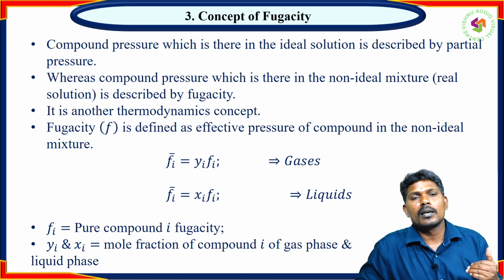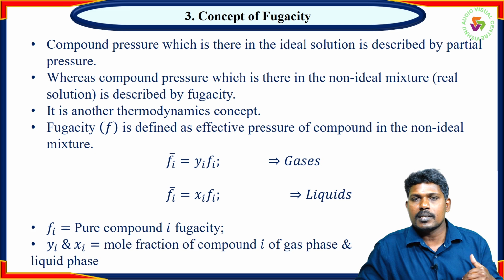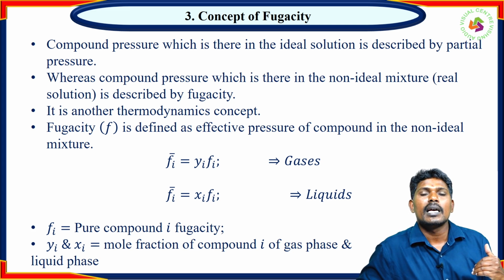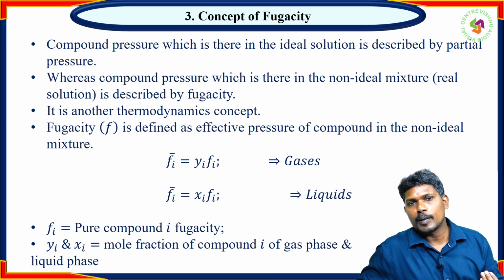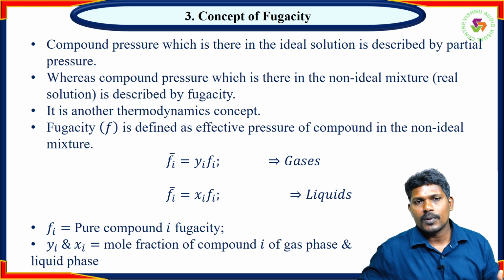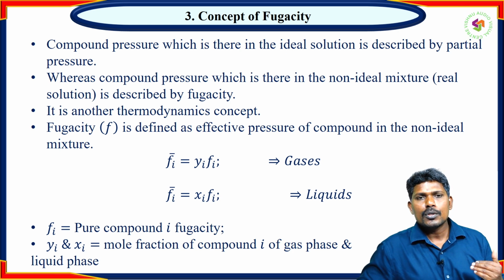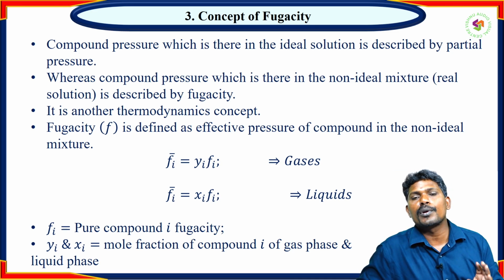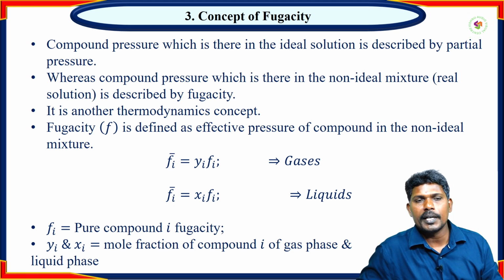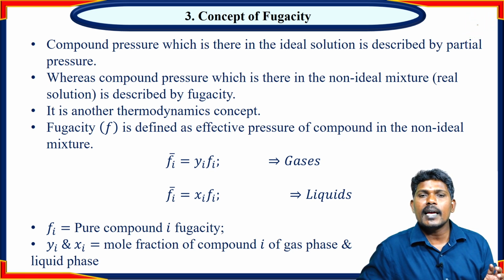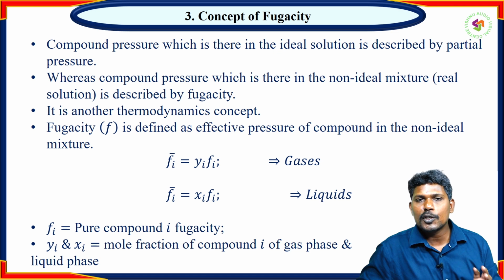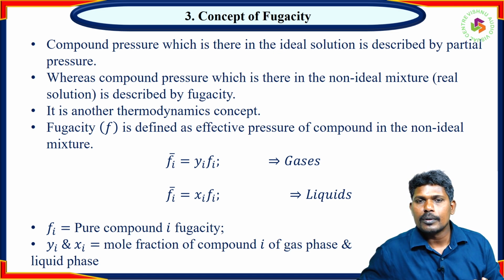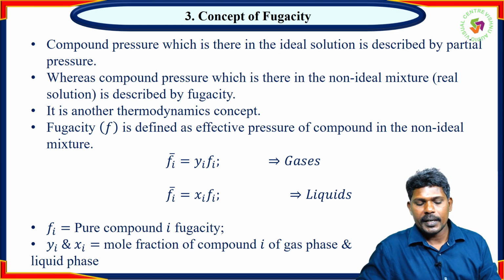For non-ideal or real mixtures, it is expressed in another thermodynamic property called fugacity, denoted with a small f. So what does fugacity mean? It is the effective pressure of a particular compound in a non-ideal or real mixture.